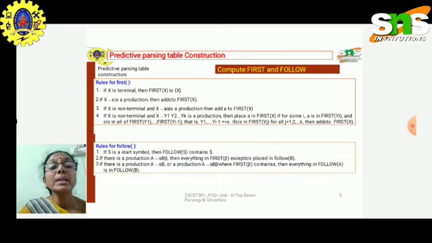Suppose beta contains epsilon, then follow of A is also included in follow of B. Next, if there is a production A tends to alpha B, where B is at the rightmost end, then follow of B is follow of A. These are the rules followed for calculating the follow function.